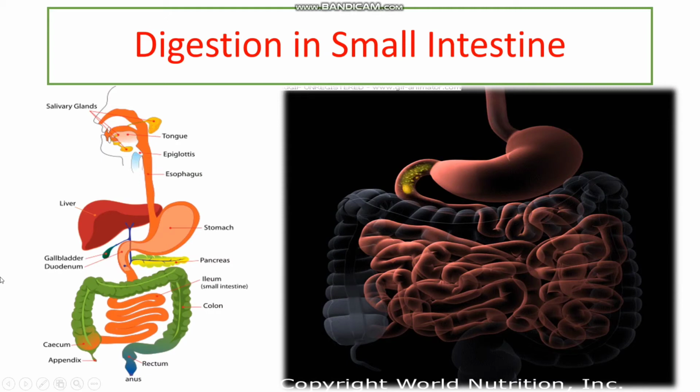So here what happens, this is the liver, and this liver is connected by this gallbladder, and then it sends the bile juice to the small intestine, and the digestion process takes place.